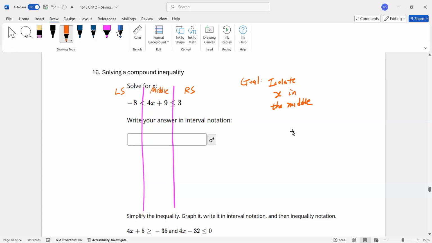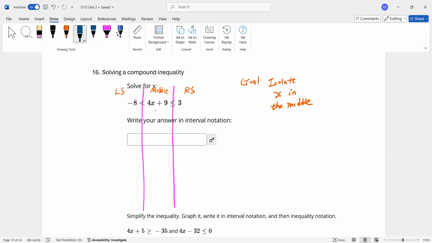This rule always works because the compound inequalities we encounter are very simple. Of course, there are more complicated ones, but we don't worry about them. For the compound inequalities we would ever encounter, use this rule. The goal is to isolate x in the middle. For that reason, we're going to peel the onion again, right? The idea is the same. 4x plus 9, we're going to get rid of the 9 first.